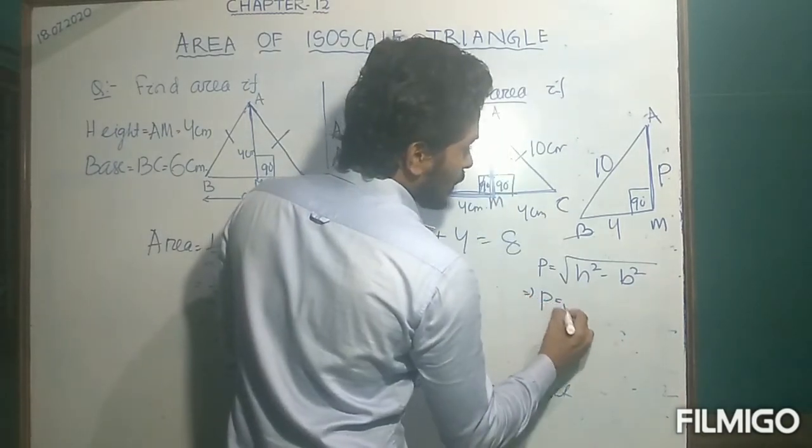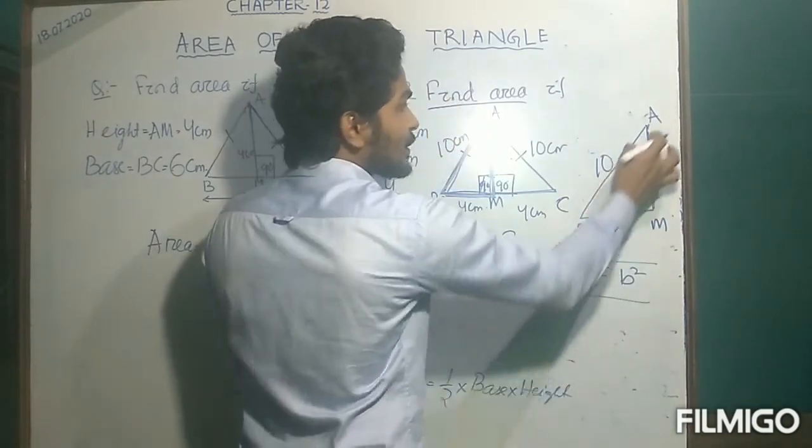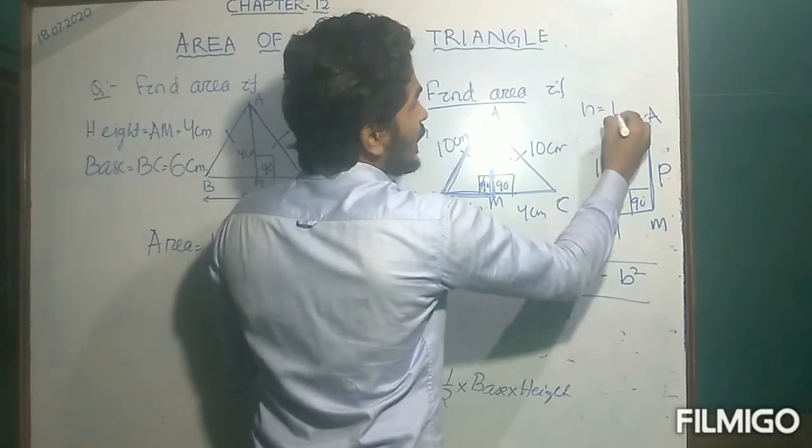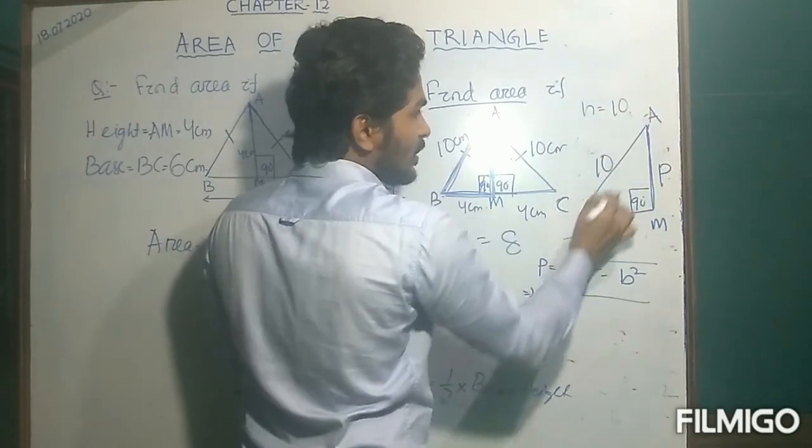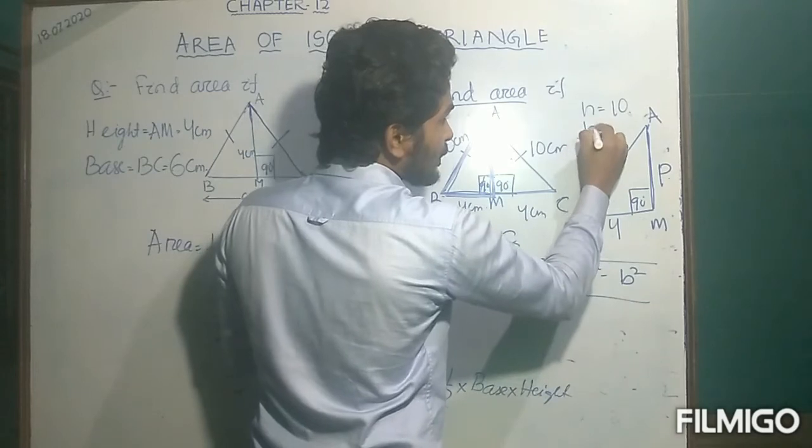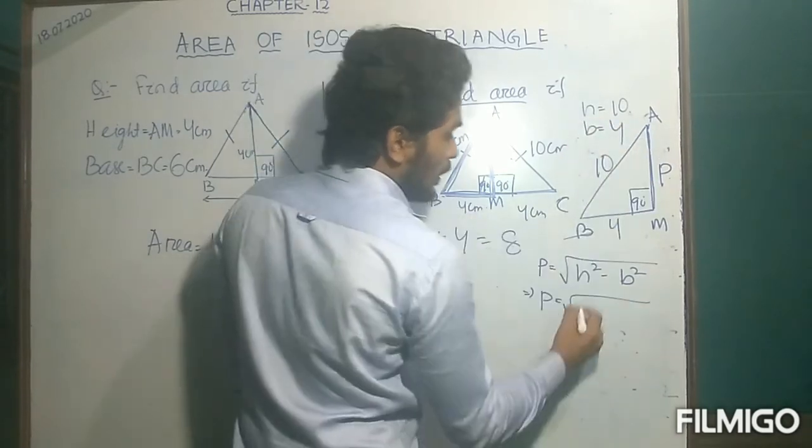So H is how much? 10. This is the hypotenuse, the corner position. This is the base. B is equal to 4.